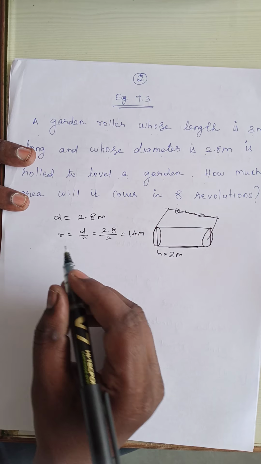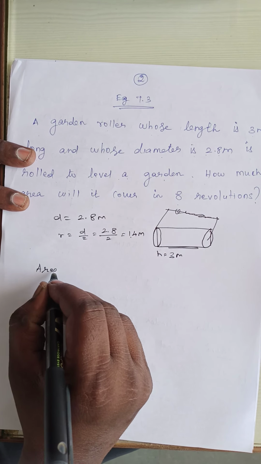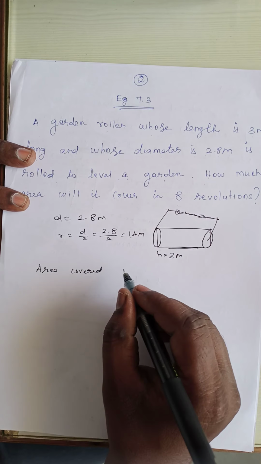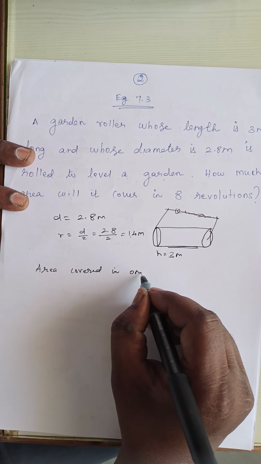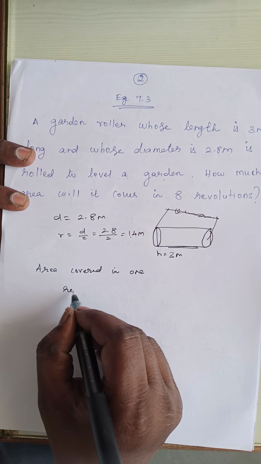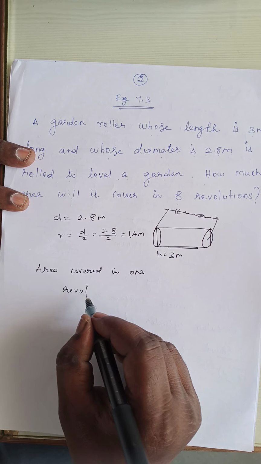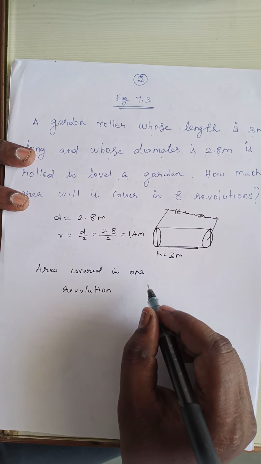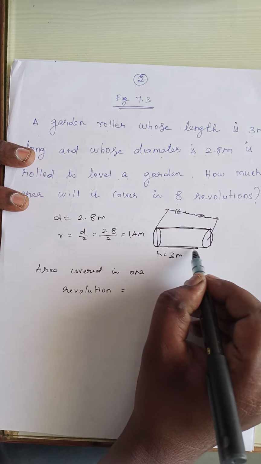Area covered in 1 revolution. One revolution, that is, we know that it is called curved surface area.